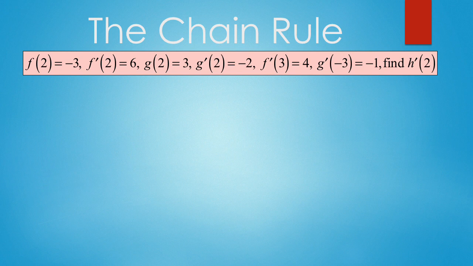We're also told that g of 2 is 3 and g prime of 2 is negative 2. We're also told that f prime of 3 is 4 and g prime of negative 3 equals negative 1. And you're asked to find h prime of 2, where the problems will define h.